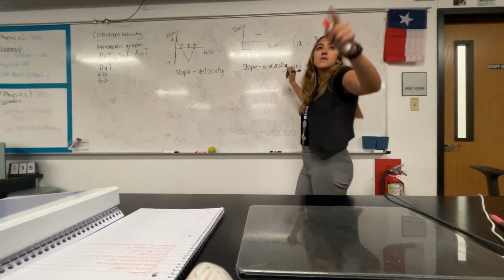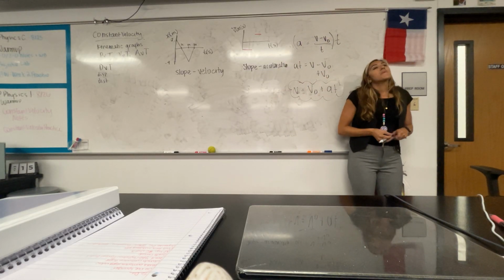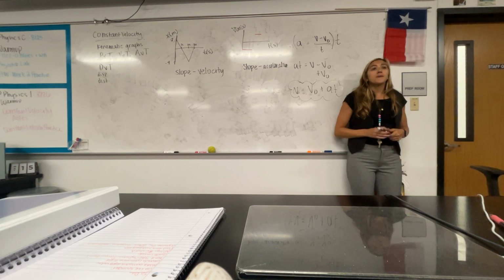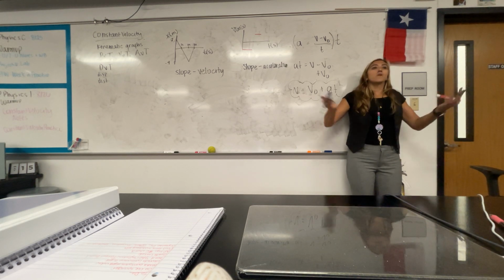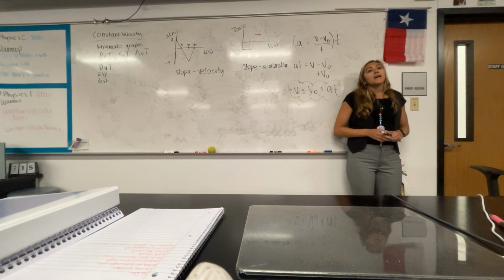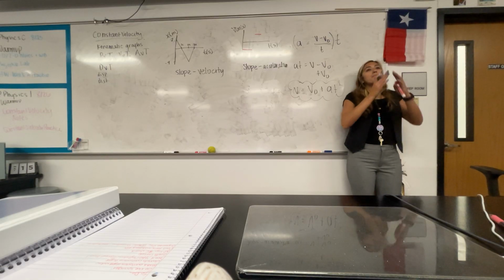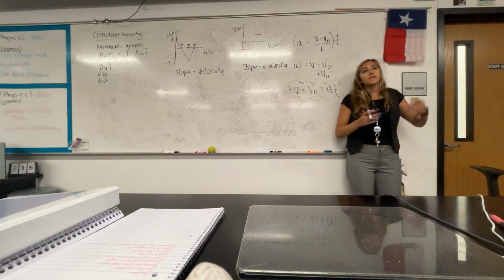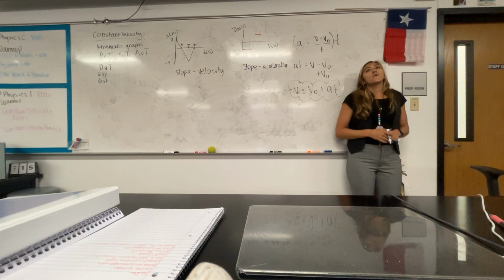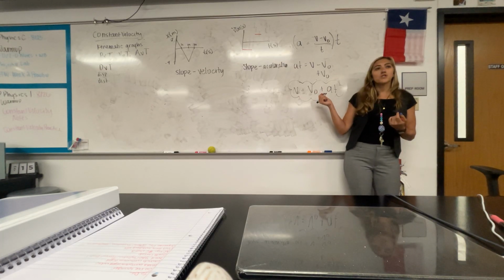Question in the back. Why would we do t minus t naught? Because typically we just say that t naught is 0. So since we can typically expect that, we don't really do it. It's technically change in time. It's technically final minus initial. So if you're doing some other section of the graph that doesn't start at 0, yes. But we don't really write it out ever, especially because this is the equation, right?